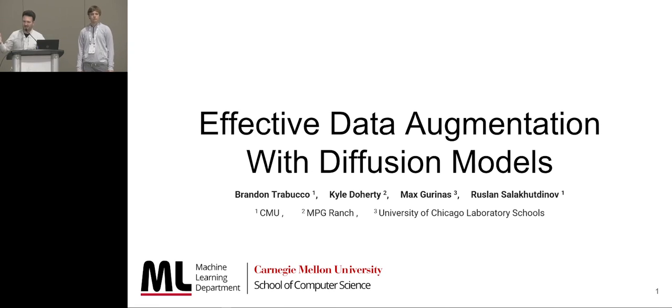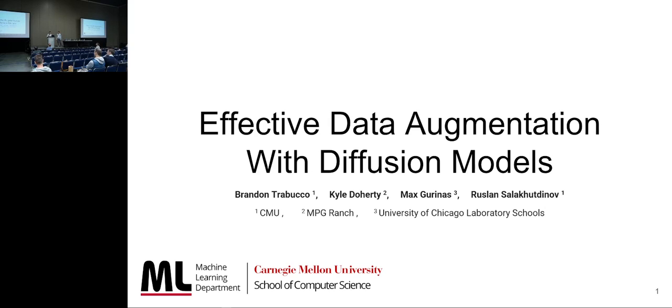This paper was a collaboration with Kyle Doherty, who's a postdoctoral researcher at MPG Ranch, and who helped us collect a really interesting data set that my collaborator Max will help introduce at the end of the talk today. This is a data set where we actually applied our method in Montana to detect an invasive plant called leafy spurge. And also, Russ was a really great help on this project as well with advising.